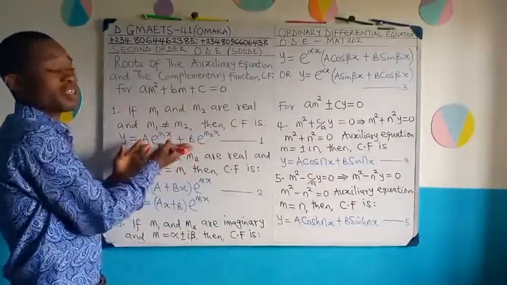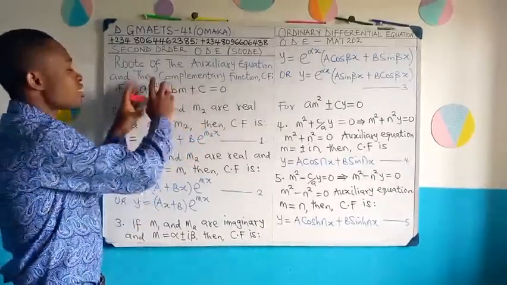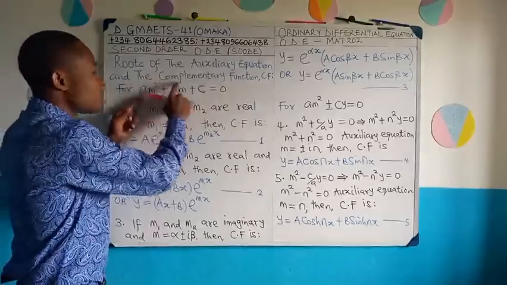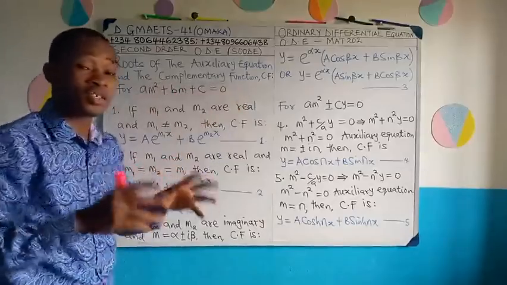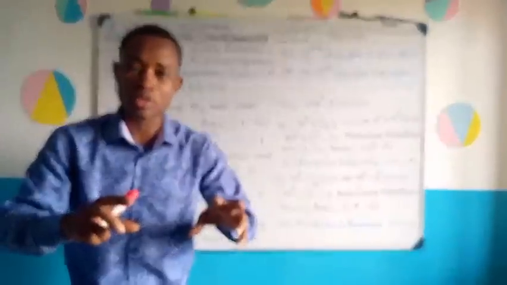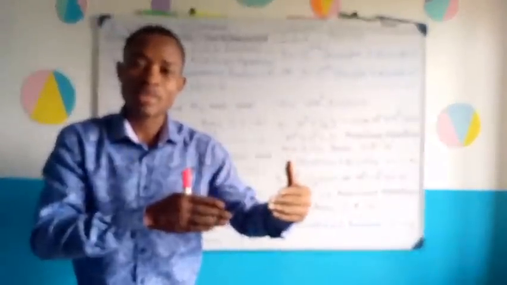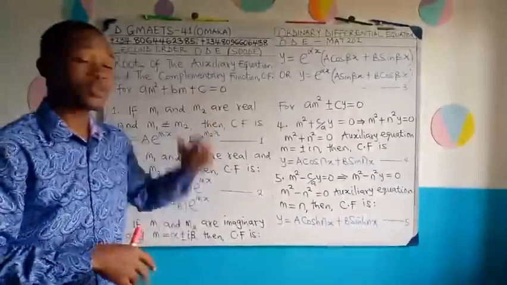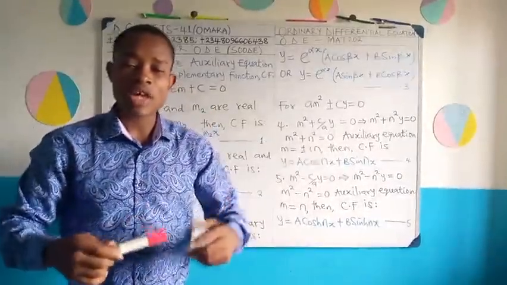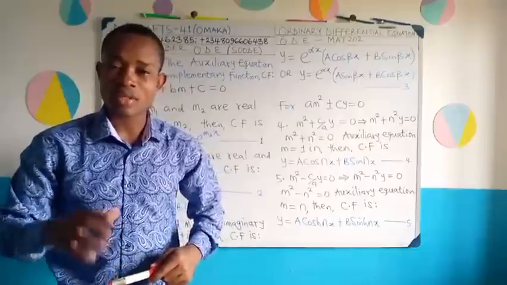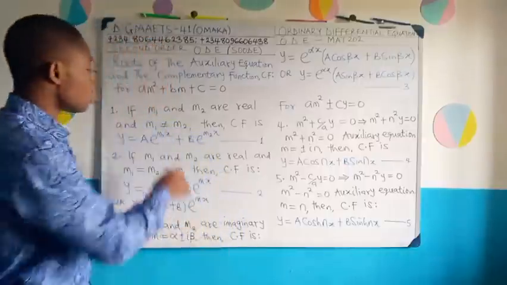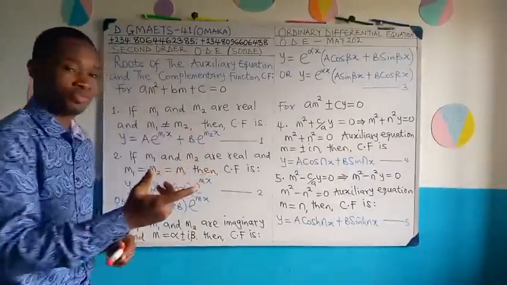That is in the case of this first solution anyway. But let's look at it generally. If this is the auxiliary equation, it contains the 3 terms in a quadratic equation: the square term, the term raised to power 1, and the constant term. And then you solve that quadratic equation, that's the auxiliary equation. You're going to get the roots of the equation m1, m2.